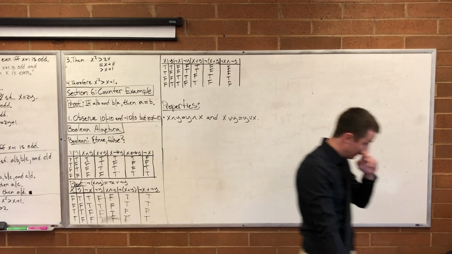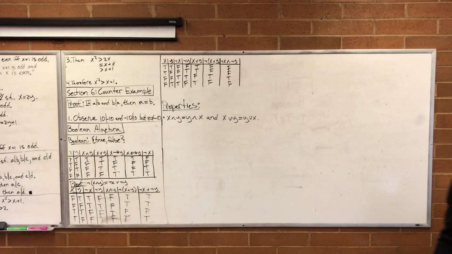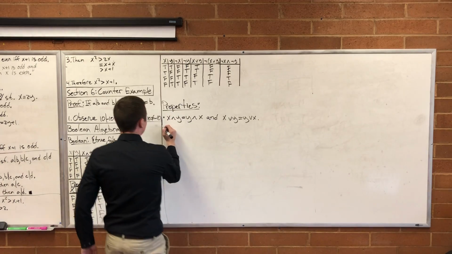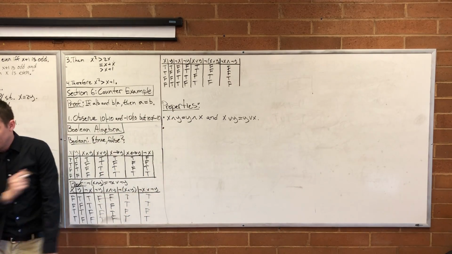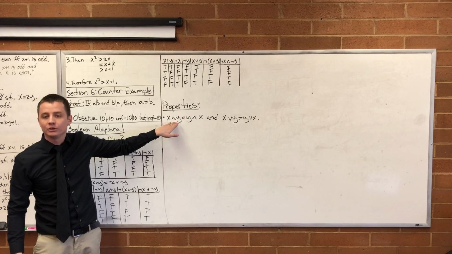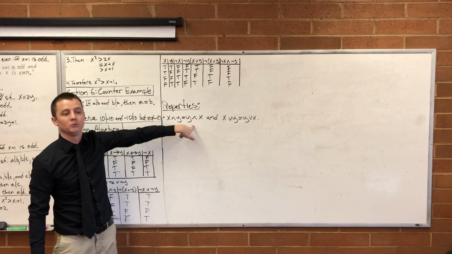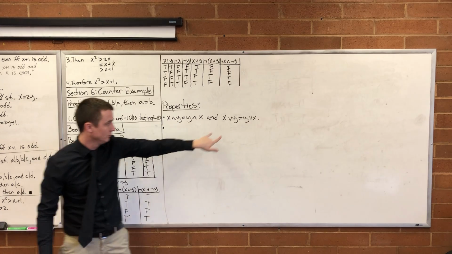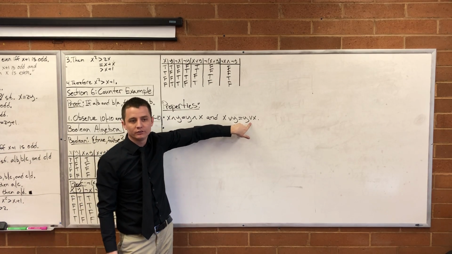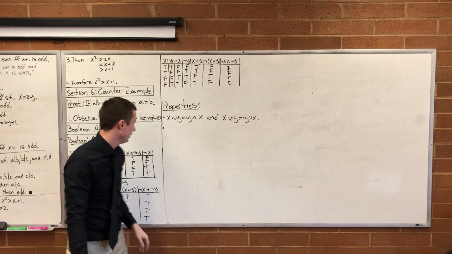What does that mean? It's commutative. And and or are commutative. It doesn't matter what order you do it in. How would you prove this? Make a truth table. Show that those two are the same. Or is commutative. How would you prove this? Make a truth table. Show that they're the same.